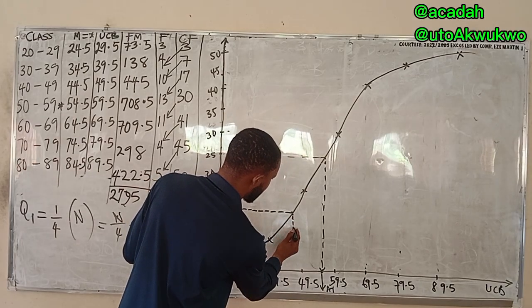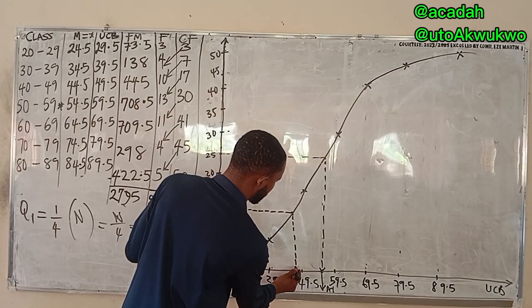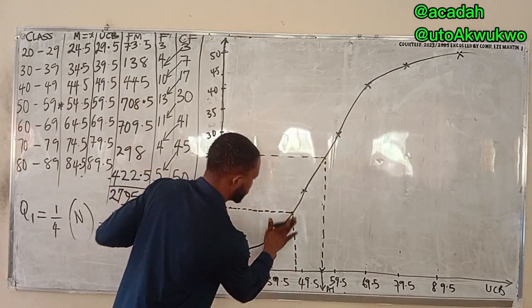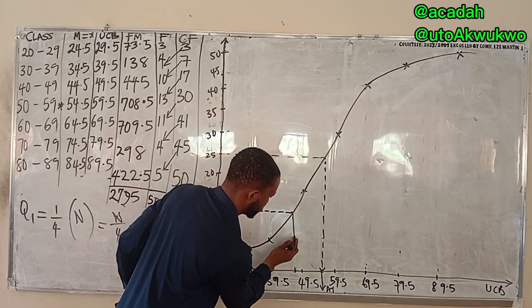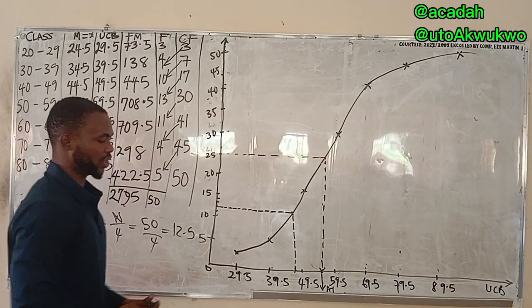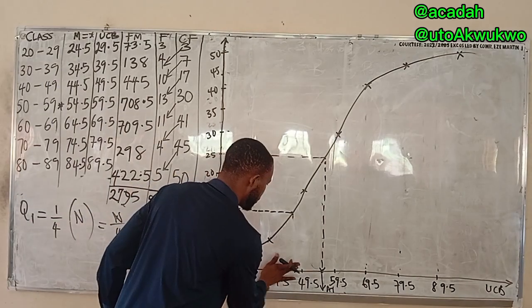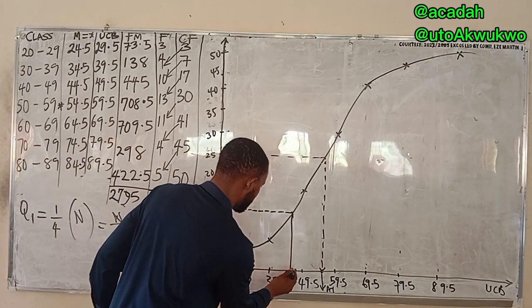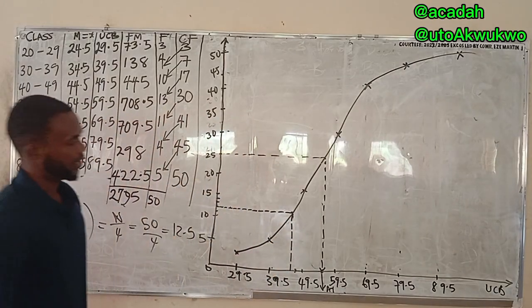Make sure it's a straight line. My own is shifting somehow, but when you're doing your own, make it a straight line. Correct.